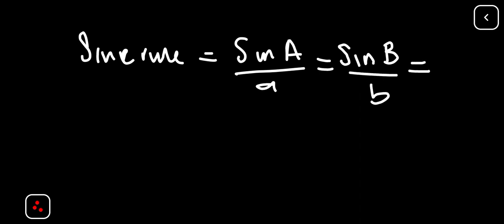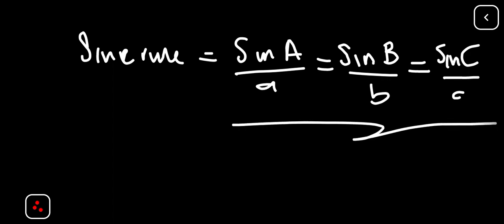And also sine A over A is also equal to sine C over C. Okay, so this is your sine rule. If you do not understand the proof, you can ask questions and we will answer you. Okay, so now we're going to look at the cosine rule in a moment.